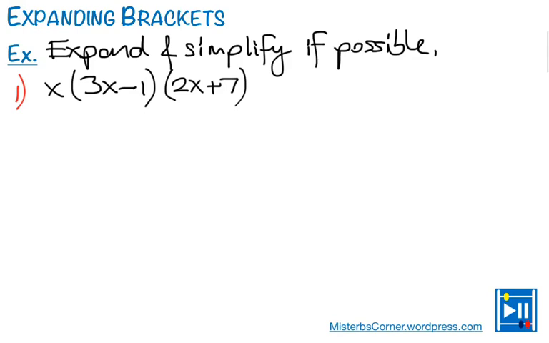Now, in this example, we have 3 factors, let's say, to multiply, right? x, 3x minus 1, and 2x plus 7. It doesn't matter which 2 you start with, right? You could multiply x and 3x minus 1, or you can multiply 3x minus 1 and 2x plus 7 first.